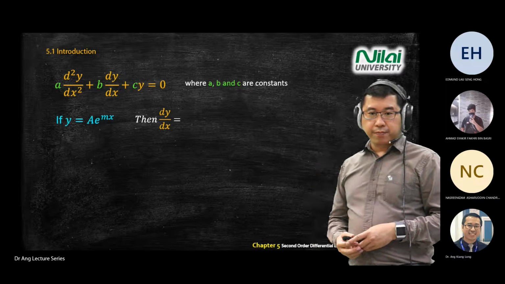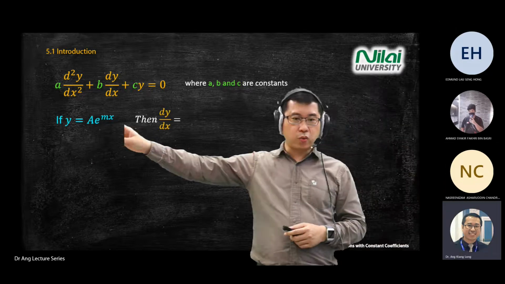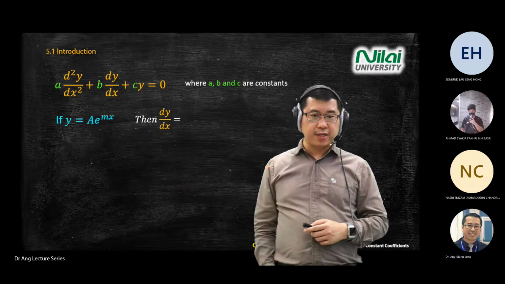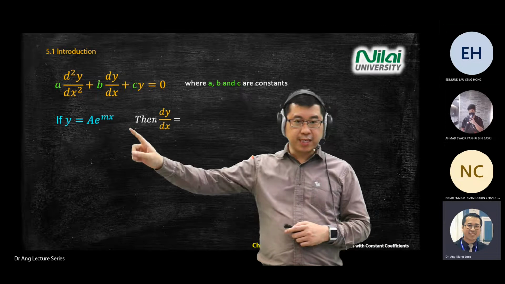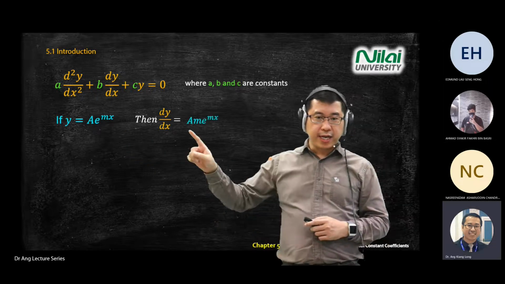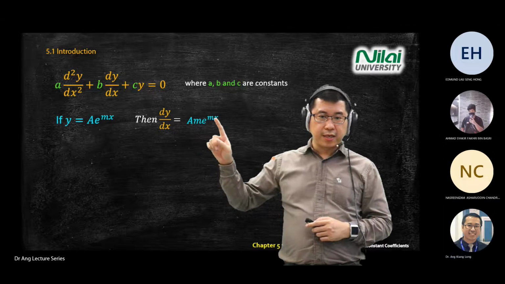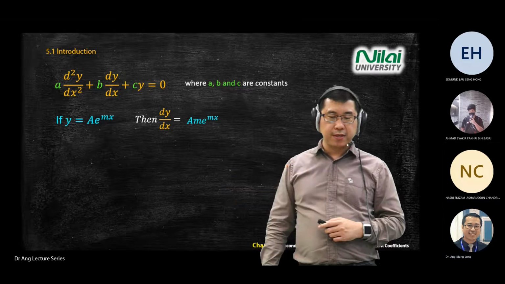Now just recall, if you're given y equal to A e^(mx), then dy/dx equal to, again, there's a table for this kind of equation. You will get A m e^(mx).